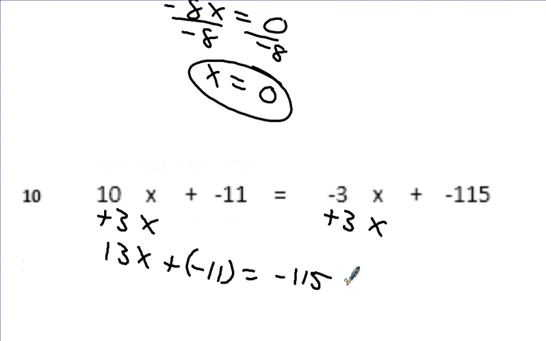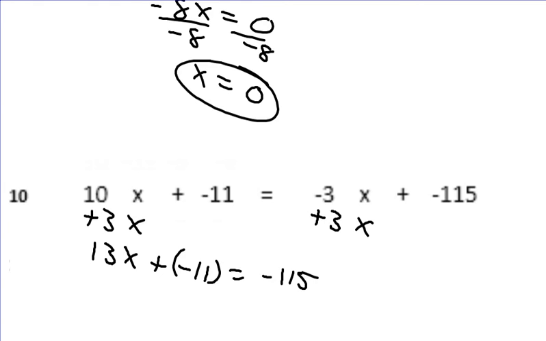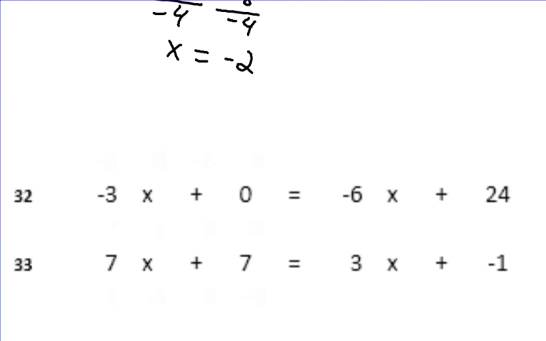And you go on from there, adding 11 to both sides, and then dividing by 13. In these cases, you have a negative 6x on the right, so add 6x. It's going to make 3x plus nothing equals 24.